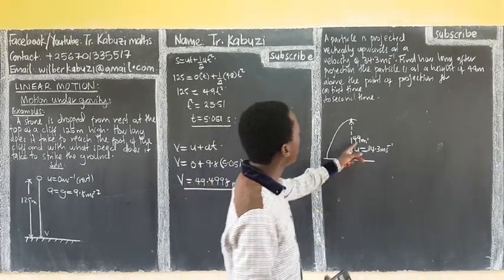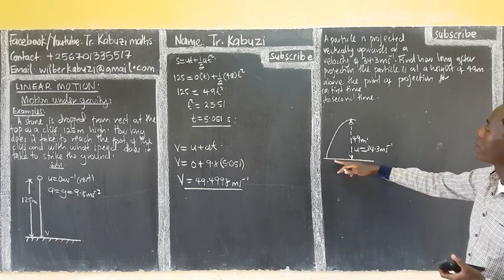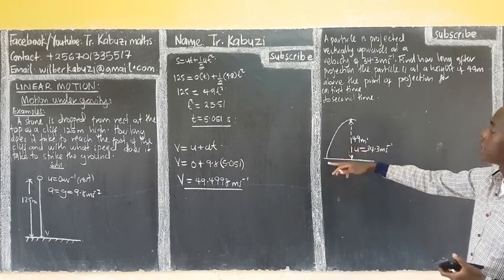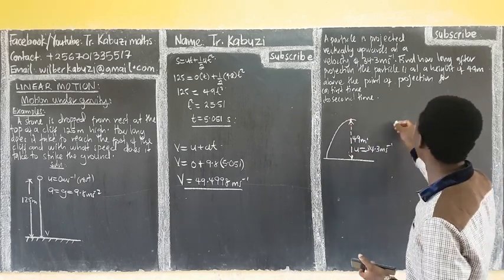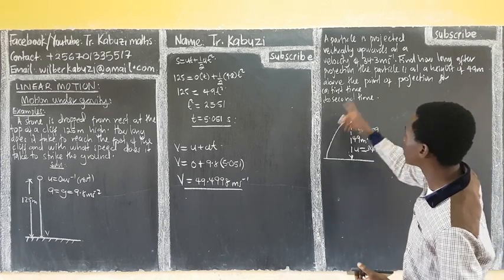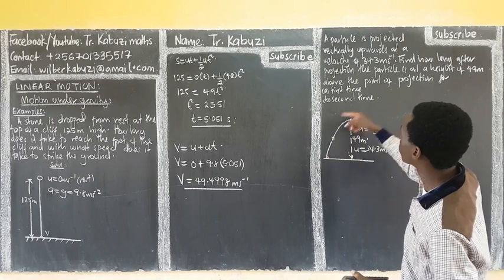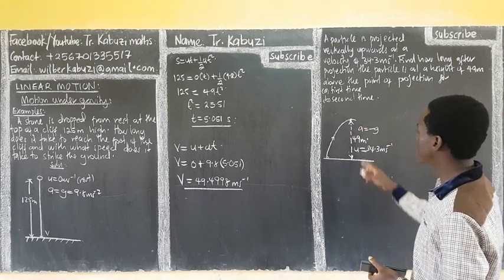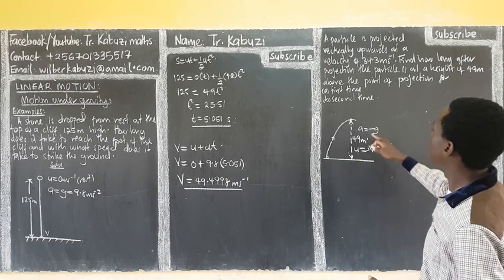So what formula are we going to use? Now the gravity is acting against the motion because it's going upwards, meaning our a is going to be negative g. It's going upwards like that, so our acceleration is going to be negative g.